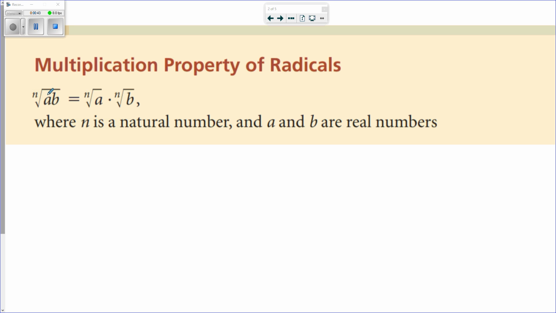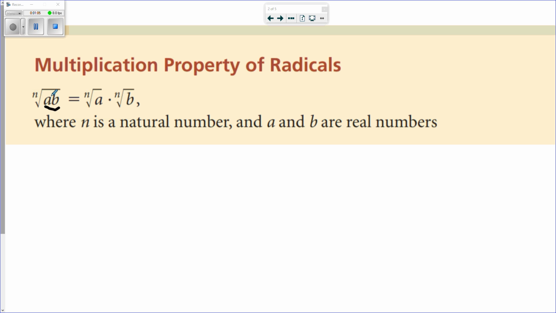So we can split up radicals. We have n, which is either 2 for a square root, 3 for a cube root, 4 for a fourth root, etc., and then the number under the radical right here.